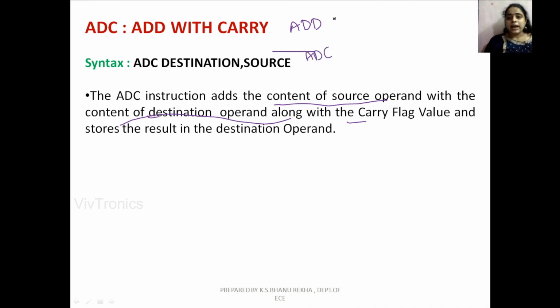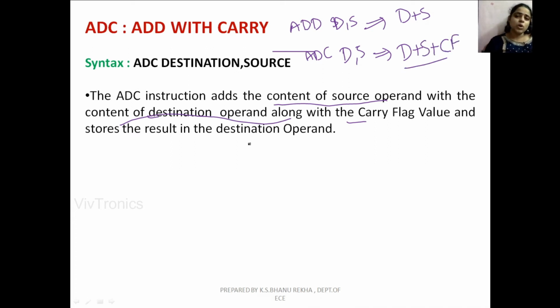In ADD destination comma source, it adds destination plus source. In the ADC instruction it adds destination plus source plus carry flag status. Whether the carry flag status is 0, both ADC and ADD represent the same, and if the carry flag status is 1, then ADC will take that 1 also, along with the carry flag value, and stores the result in the destination operand.